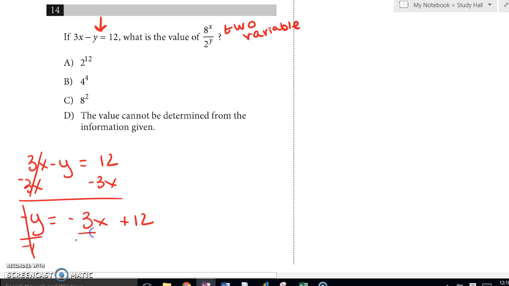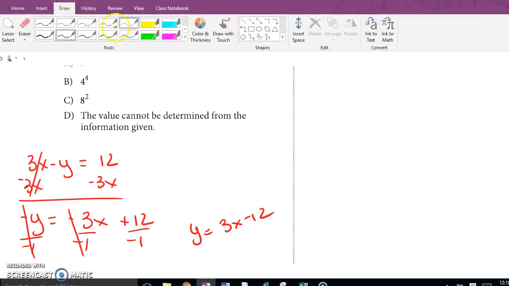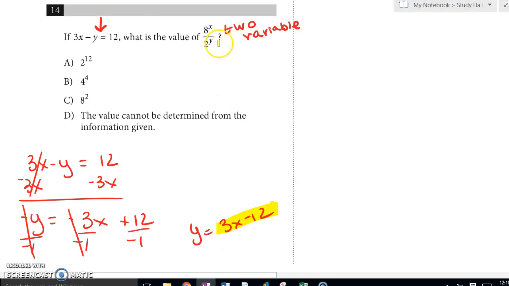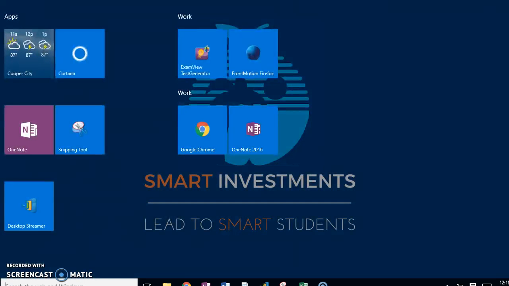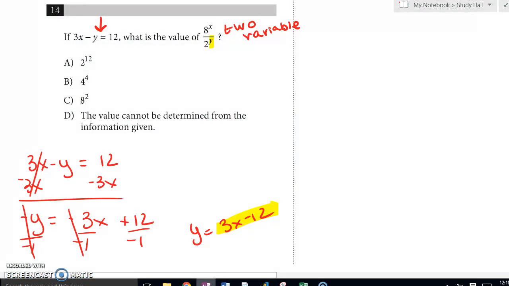Divide by negative 1. And that gives you y equals 3x minus 12. Okay, so everywhere in the numerator that you see a y, in the denominator, you're going to put a 3x minus 12. So let's write that out. 8 to the x over 2 to the 3x minus 12. And the reason that we did that was so that we had only one variable.